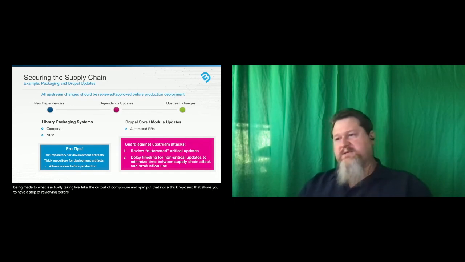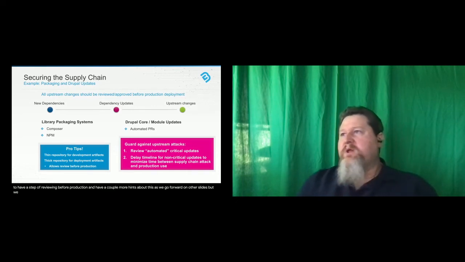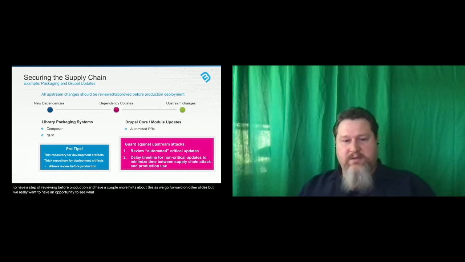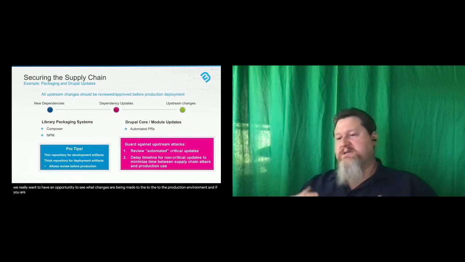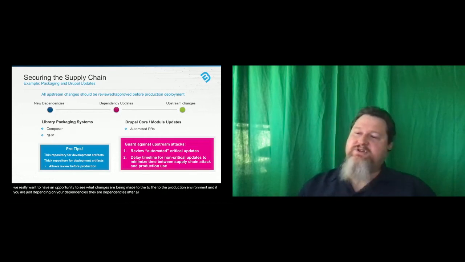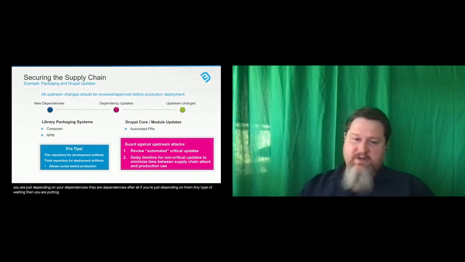And I have a couple more hints about this as we go forward on other slides, but we really want to have an opportunity to see what changes are being made to the production environment. And if you are just depending on your dependencies, they are dependencies after all. If you're just depending on them without doing any type of review or any type of waiting, then you are putting yourself at risk.